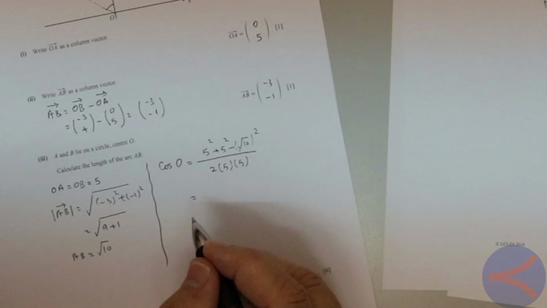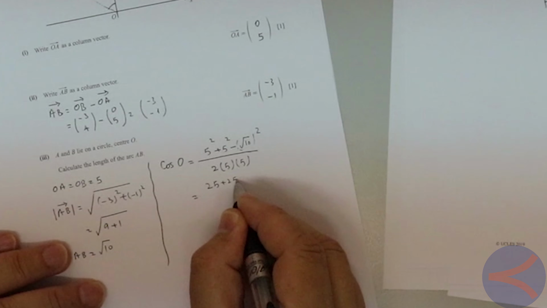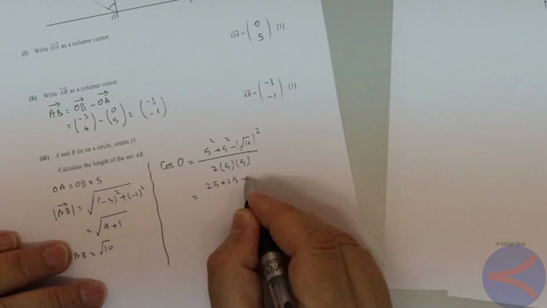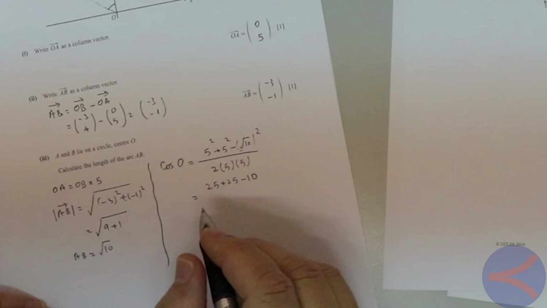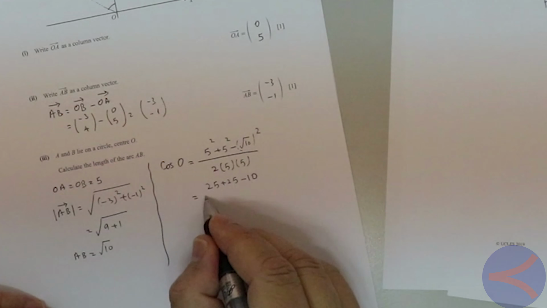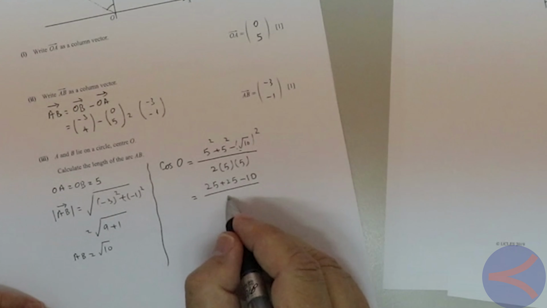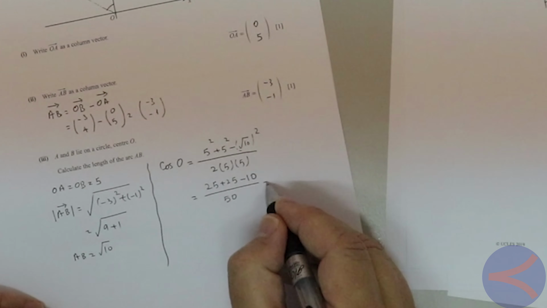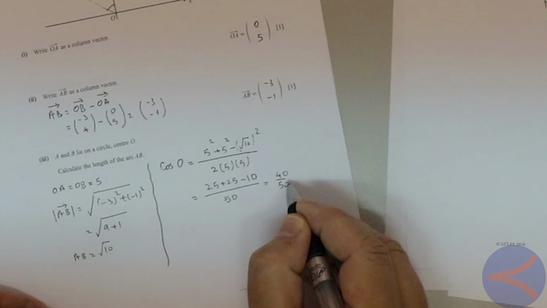Therefore, let's see what we are going to get. This is 25 plus 25 minus 10, divided by 50. Therefore, it is 40 over 50, which is 4 over 5.